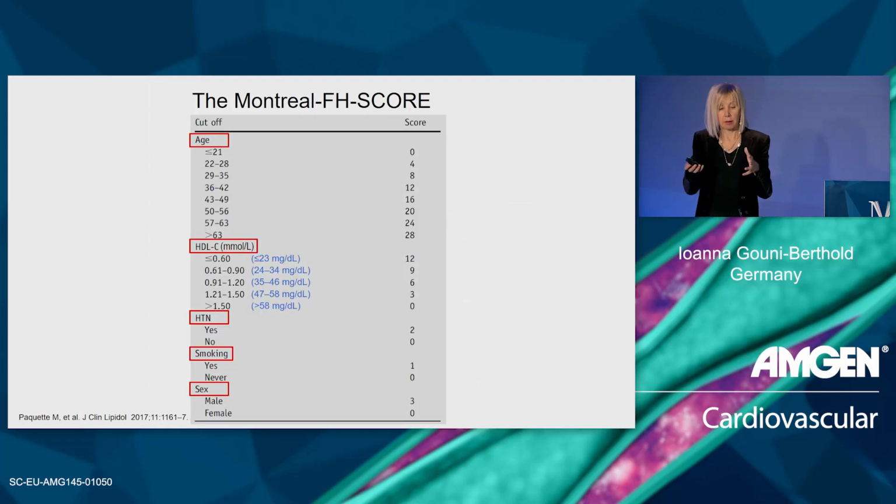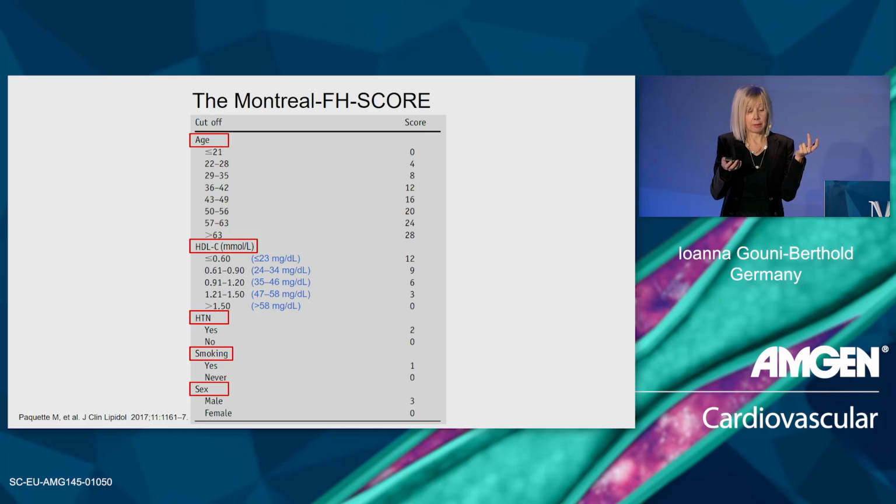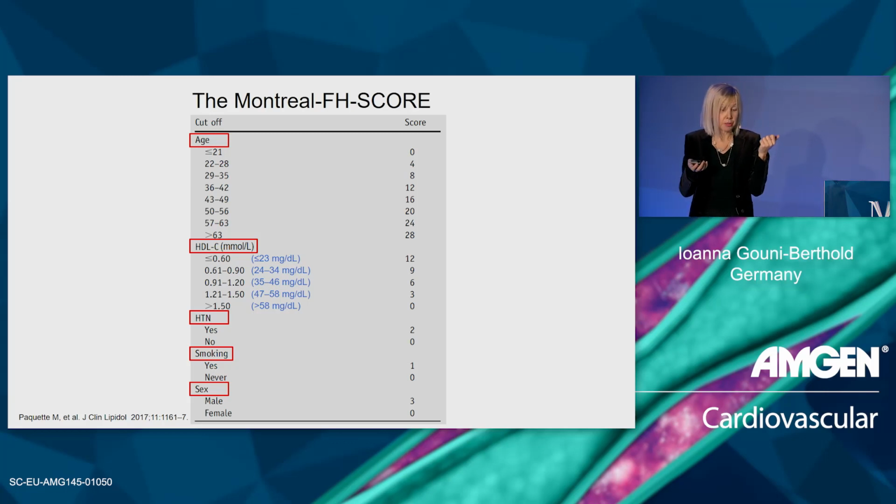The other score is simpler, and it comes not from a prospective study like the HeFH registry, a wonderful registry from Spain of molecularly diagnosed FH patients, but it is also a nice thing. It's from a cross-sectional cohort study of patients with FH, and they found these 5 parameters to fish out the FH patients that are at highest risk: age, HDL level, hypertension or not, smoking or not, male or female.